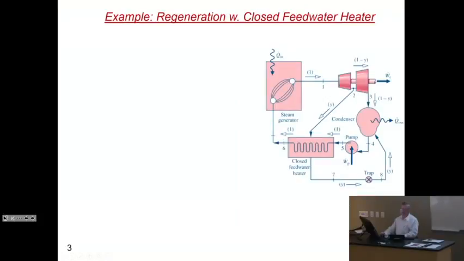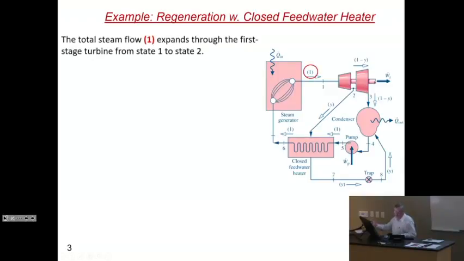All right, so let's go over the details of how such a regeneration cycle will work. In this particular case, we're going to look at the case where the main steam line goes through the high pressure turbine, and then there is bleed steam that comes out of here, sent to the heat exchanger, where it's exposed to water that comes from the pump, and condenses.